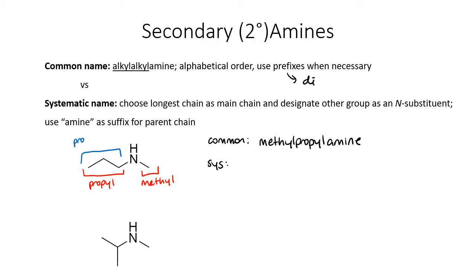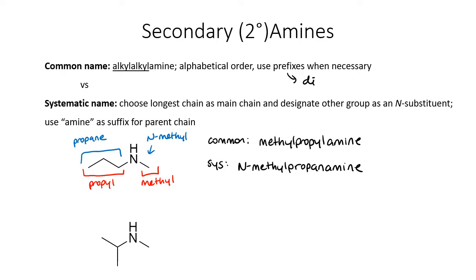So this is our propane chain. Now the methyl group is going to be called an N-methyl, and that's because the methyl group is directly attached to the nitrogen and not attached to any carbons. So we'll go ahead and call this N-methylpropane. Then we're going to take off the E and replace it with amine. So we get N-methylpropanamine.